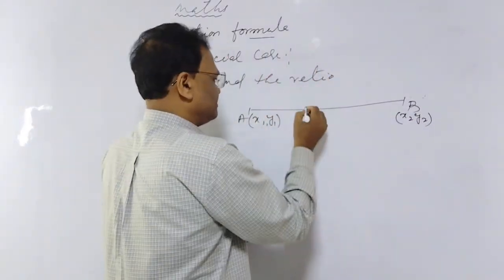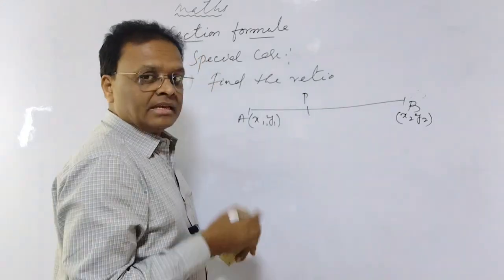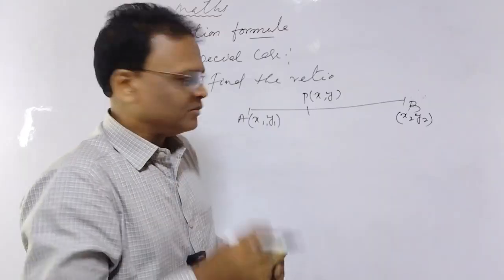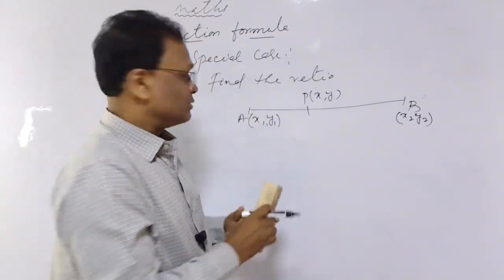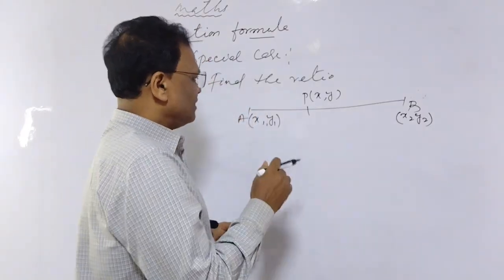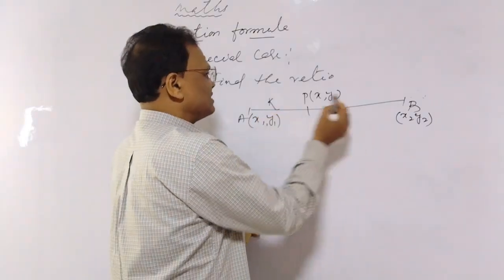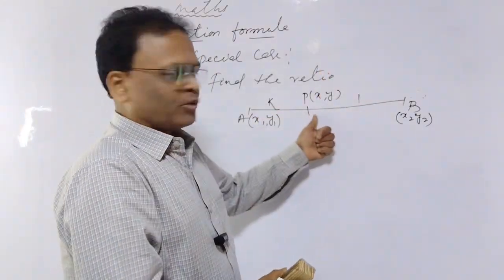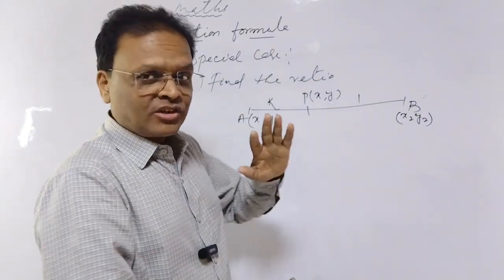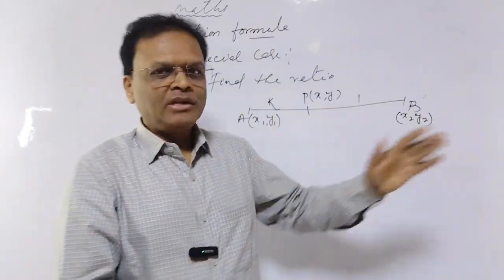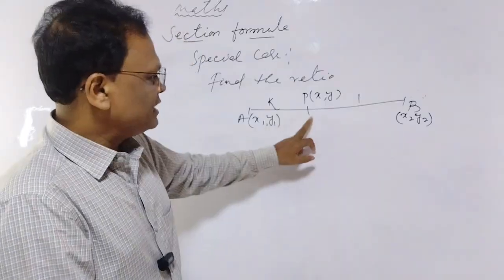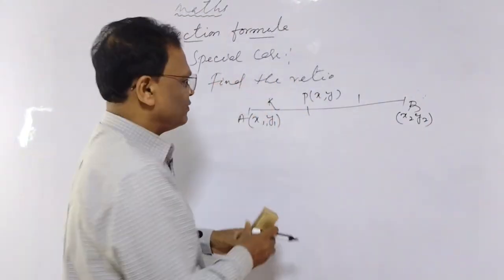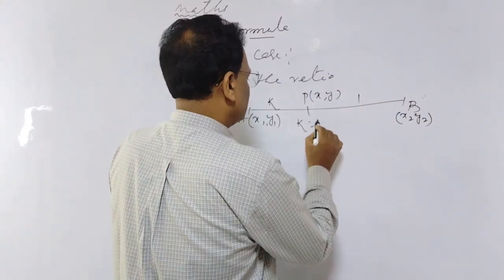Suppose here is a point P. If it is asked to find the ratio in which this divides, suppose it divides in the ratio of k is to 1, instead of m1 is to m2, which is not given. This point divides this line segment in the ratio of k is to 1.